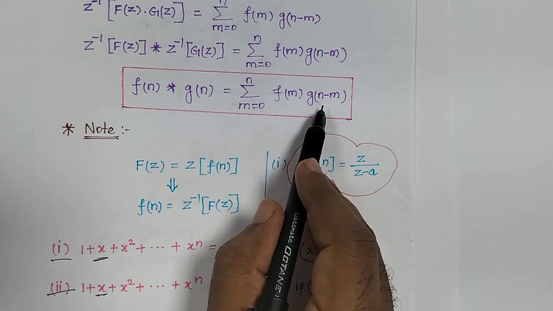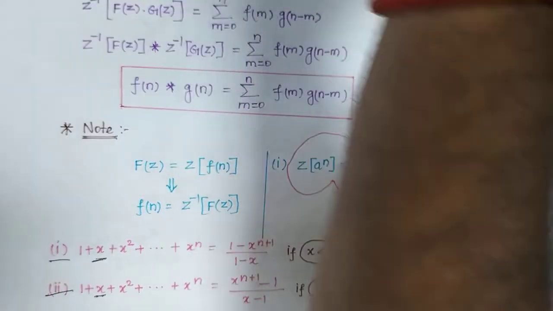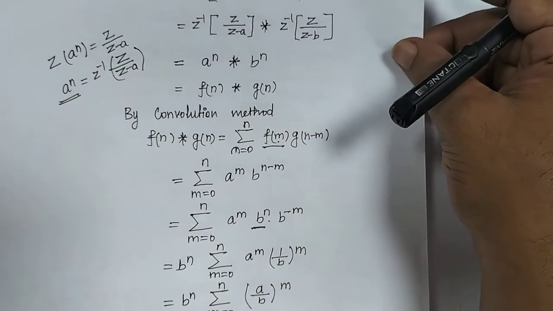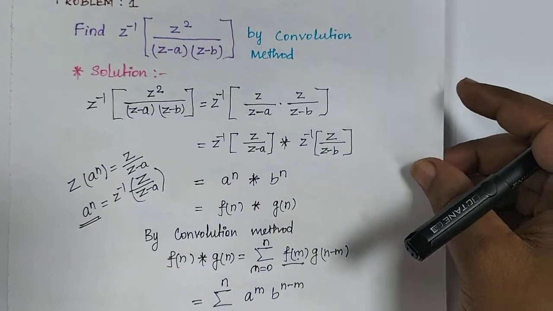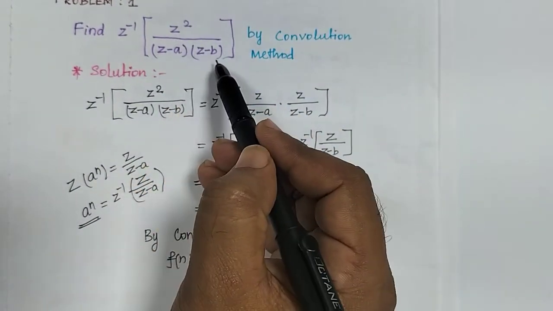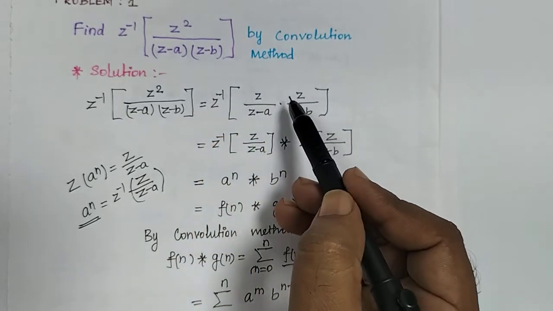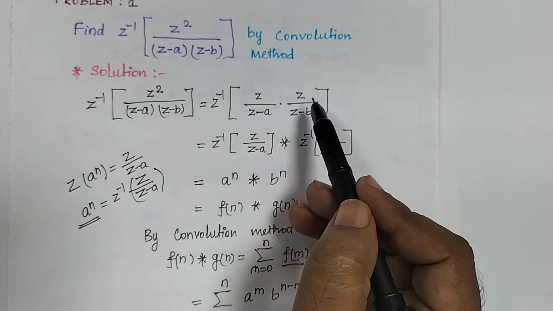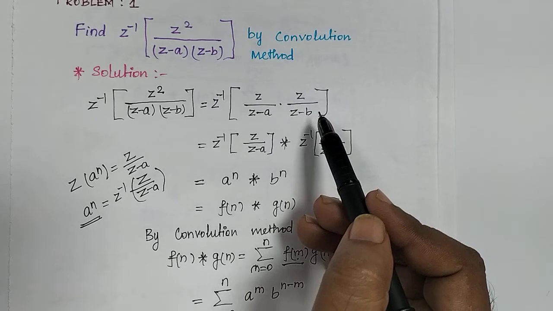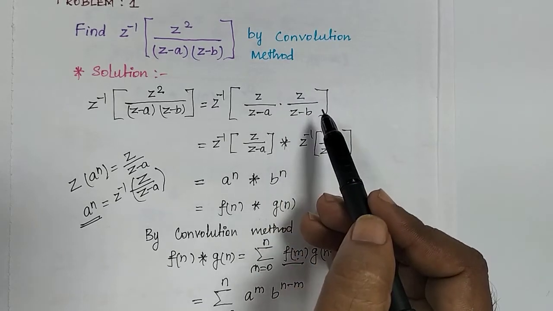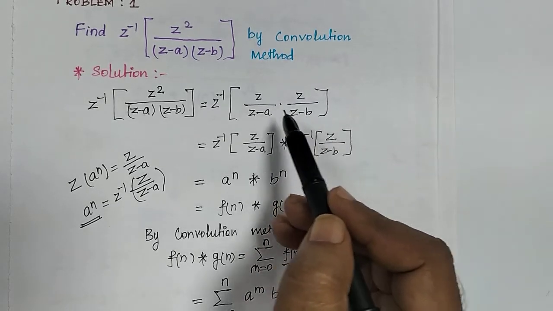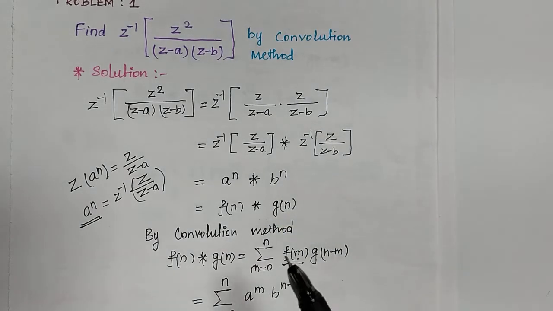You should remember that. And one more thing, you should understand how to split this z square divided by (z minus a) into (z minus b). If you know z divided by z minus a into z divided by z minus b, now for our convenience we have to split. If you are able to split this term, this method is very easy. You can apply it in inverse z transform, any formula, any problem.